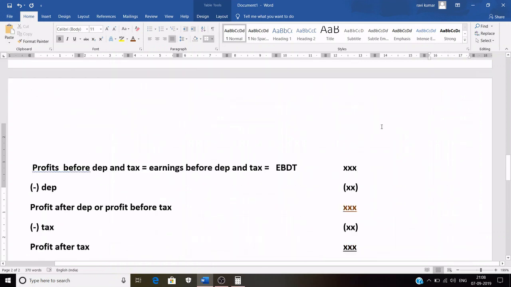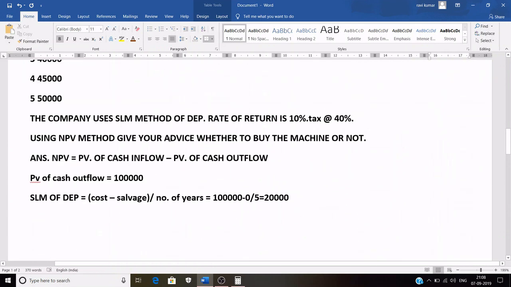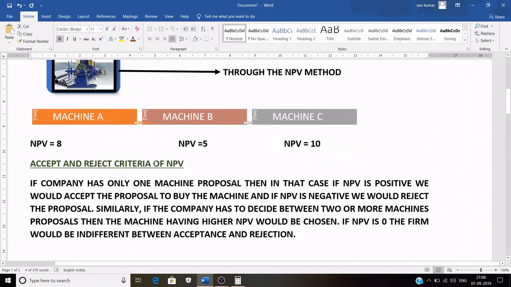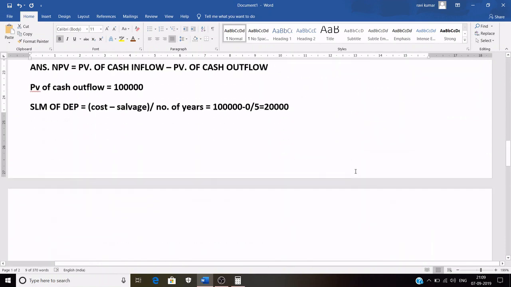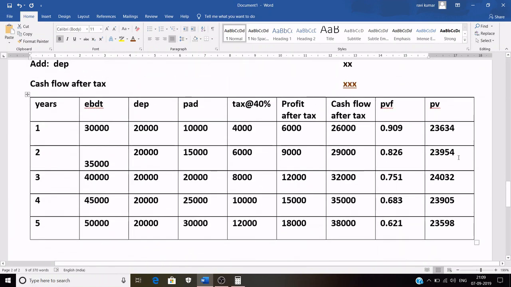Now, to get the total present value of your cash inflow, as the definition says, we need the sum of all present values of cash inflow. So we have now present value of each year.